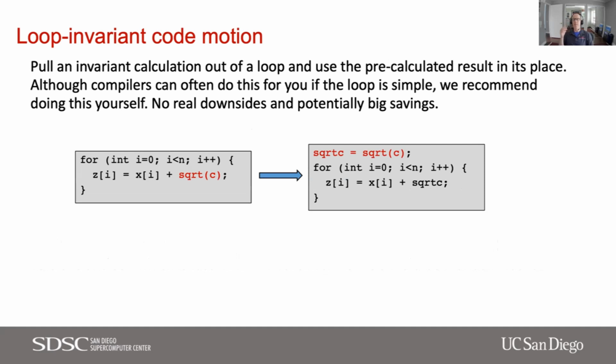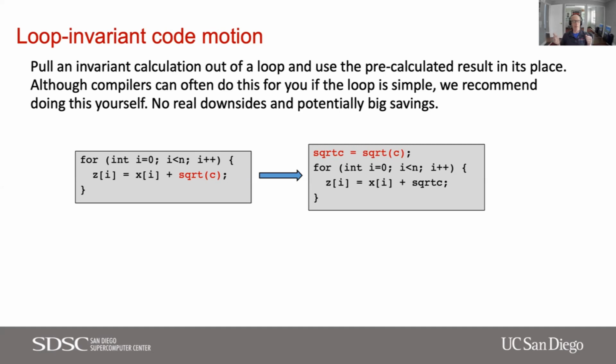Okay, one of my favorite optimizations is something called loop invariant code motion. And this is where you take a calculation that's going on inside a loop, and instead you pre-calculate the result outside of the loop and use that. So here's a case, really, really obvious.